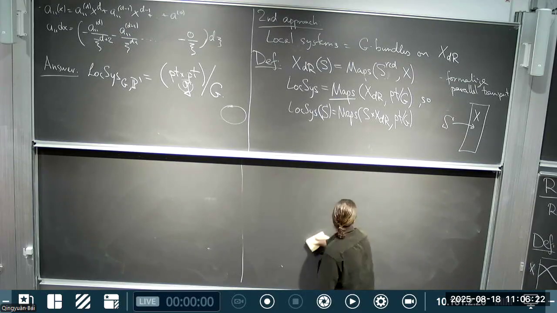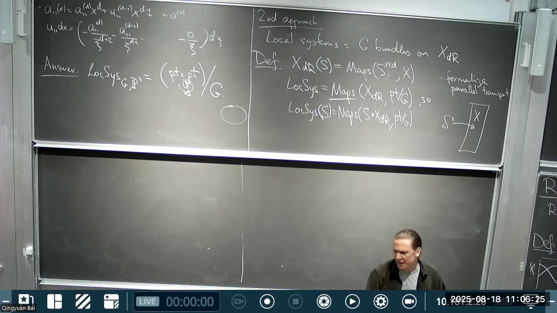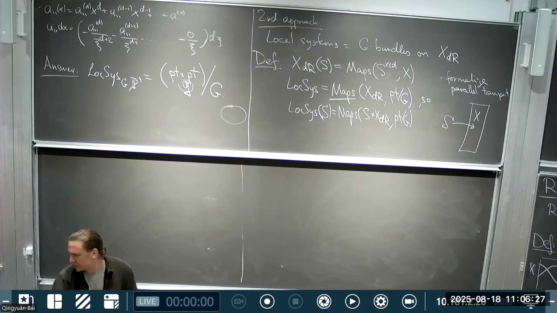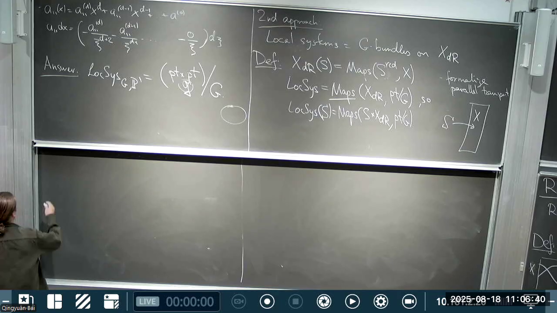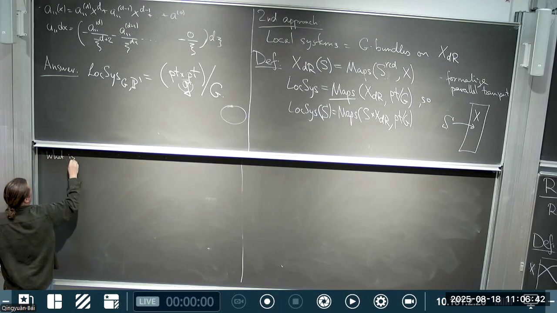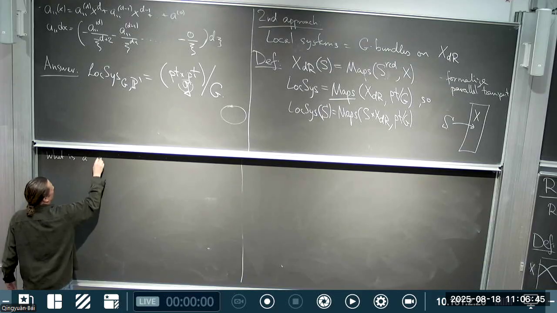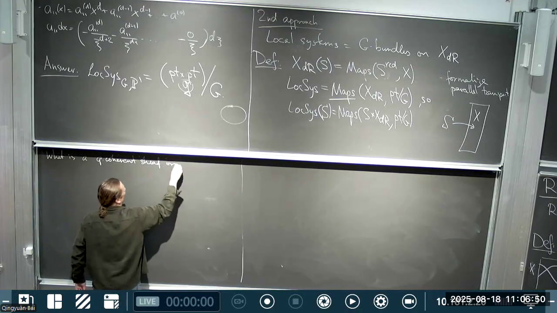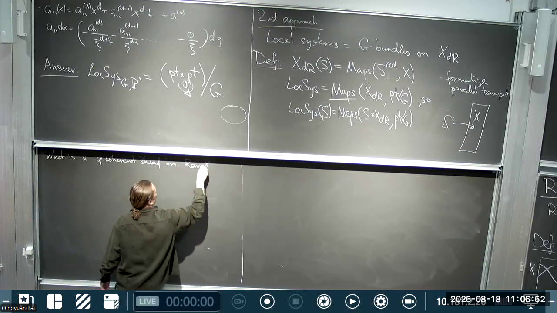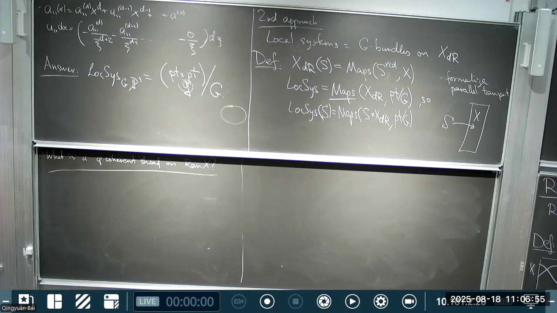I want to say that you can understand a lot of things about Ran space. It's good to know the precise definition, but the calculations can be done in the following style. So what is a quasi-coherent sheaf on the Ran space? I'm going to approach it from this point of view.